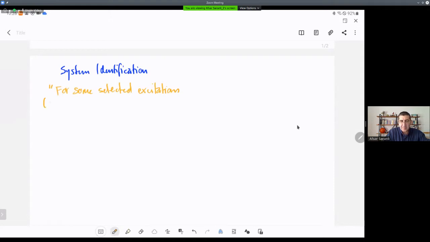It is basically a selected reference input. Compare the output of the model with the output of the physical system.